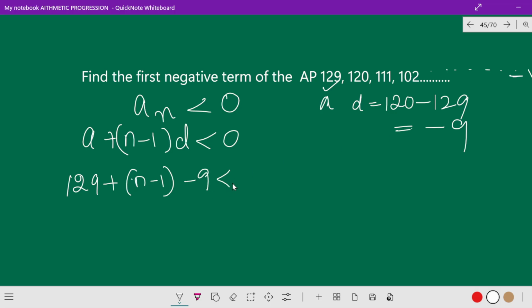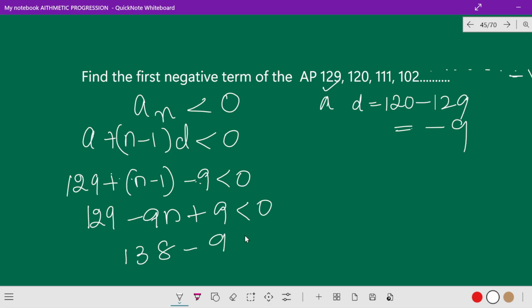So put minus 9, less than 0. 129 plus minus 9 into n is minus 9n, minus into minus is plus 9, less than 0. So 129 plus 9 will become 138 minus 9n less than 0.